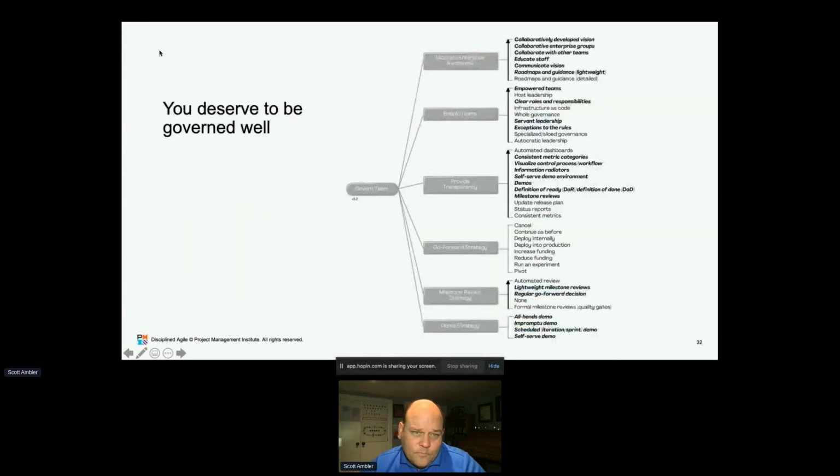And of course, governance. I mentioned governance earlier, and I also mentioned that we support risk-based lightweight milestones, but that's not the only aspect of governance. Governance is not a swear word in Discipline Agile. Like I said, you are being governed. You deserve to be governed well. And we have explicit support for team-level governance as well as organization-level governance, because if you're not being governed well, if senior management does not know how to enable and support your Agile efforts, you will fail.